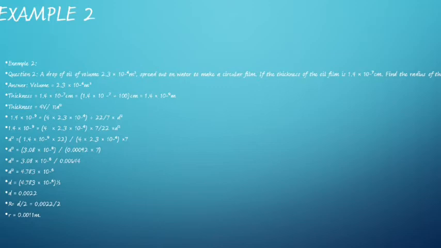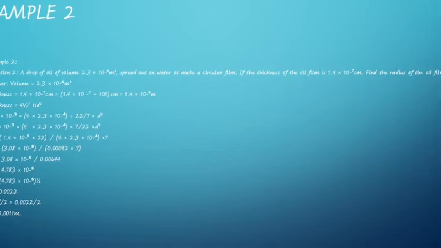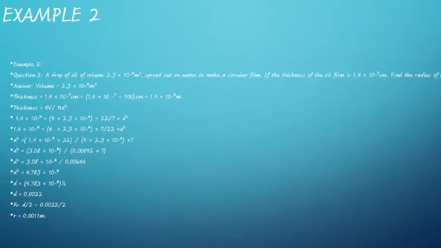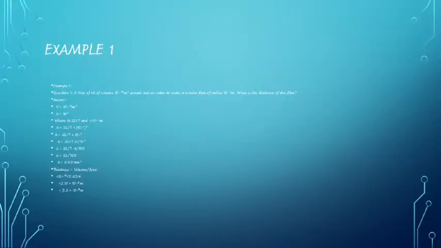Now the volume given to us is 2.3 times 10 raised to the minus 4 meter cube. But we were given the thickness in centimeters, so we need to convert it to meters by dividing by 100. If we divide by 100, we are going to have 1.4 times 10 raised to the minus 9 for the thickness.